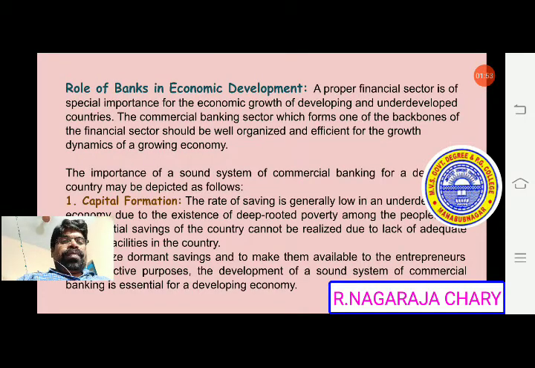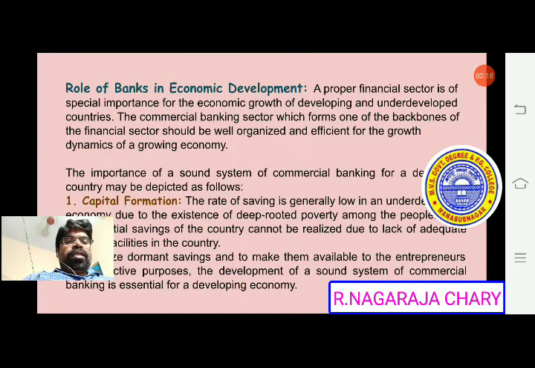Next we see the role of banks in economic development. Banks also perform a role in economic development in a nation. A proper financial sector is of special importance for the economic growth of developing and underdeveloped countries.